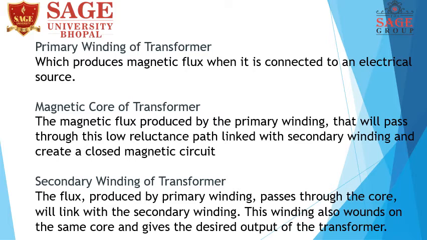The magnetic flux produced by the primary winding passes through the low reluctance path of the magnetic core and links with the secondary winding. In the secondary winding, the flux produced by the primary winding passes through the core and links with the secondary winding, which is wound on the same core and gives the desired output of the transformer.